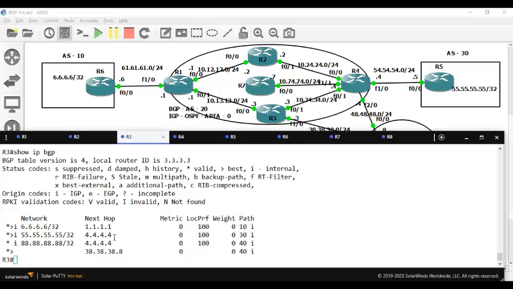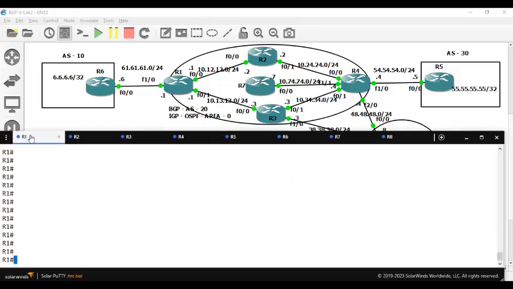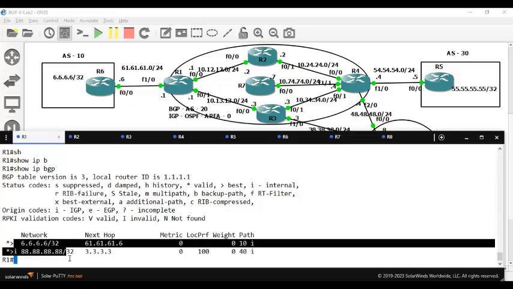If you look at R3, you get the route, but if you go to R4, you don't see a route for 6.6.6.6. Also on router 1, if you check, you don't have a route for 5.5.5.5. The reason is the middle router is not ready to give. We learned, no? A route learned from one IBGP will not be given to another IBGP. So that's the problem. Fine.